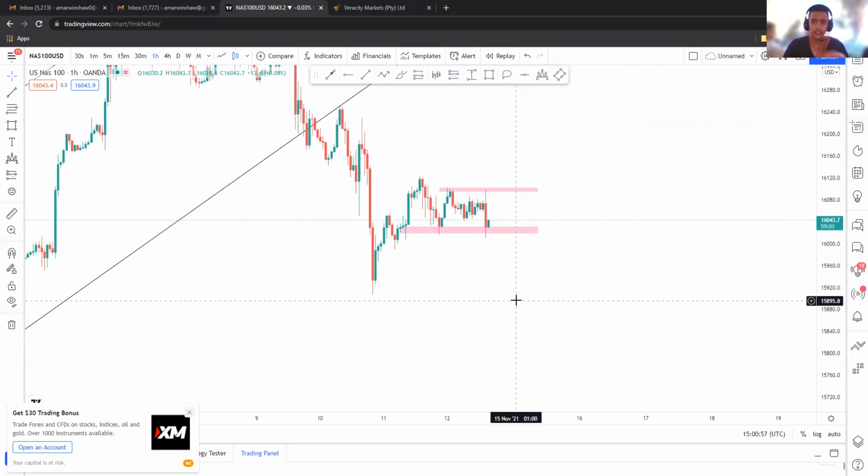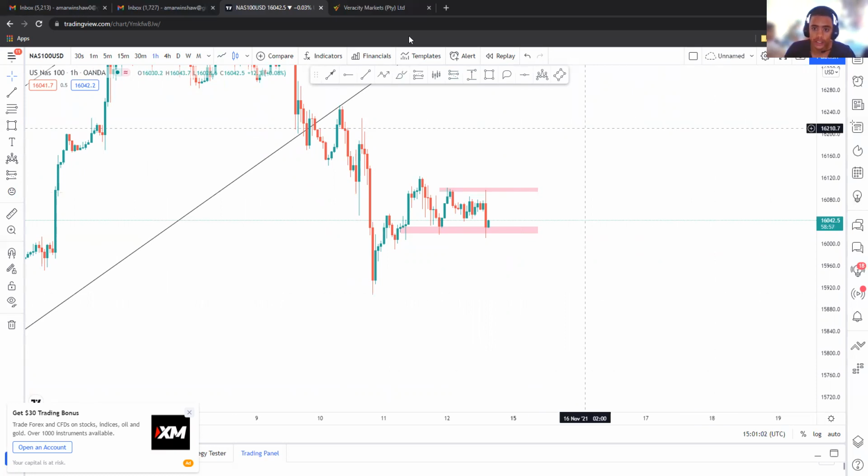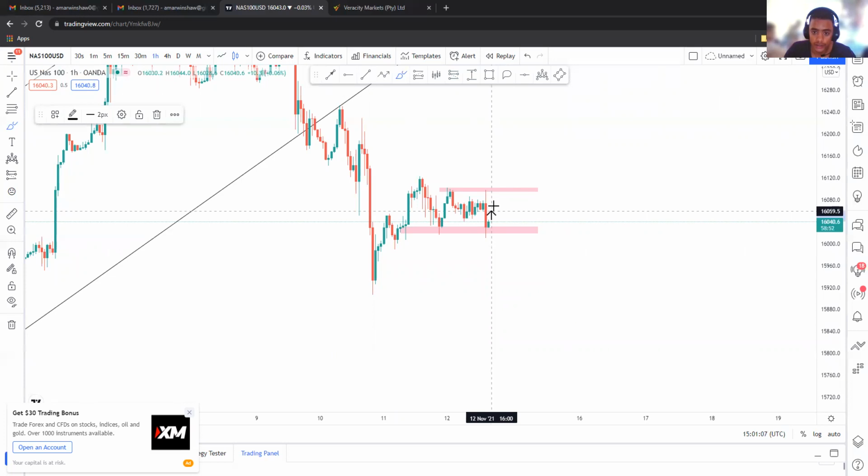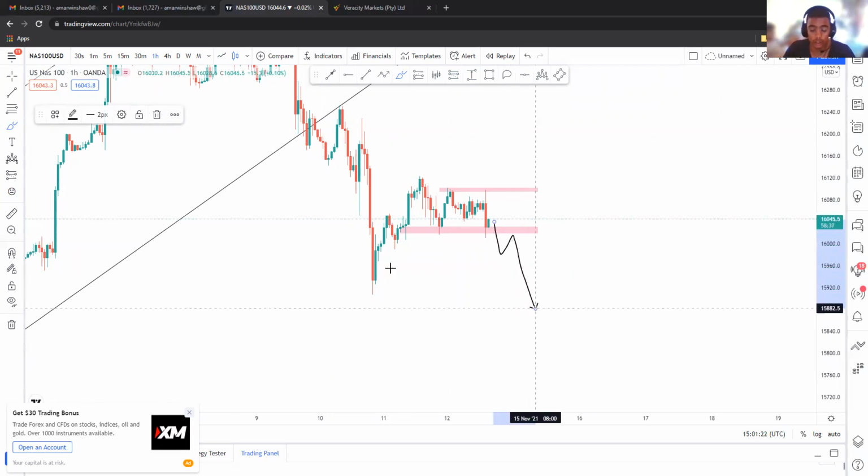But at this moment, let's see if we can see opportunities. I'm definitely bearish on Nasdaq, but I trade what I see. I don't trade what I think I see. At this moment, Nasdaq is consolidating. So I want to see if Nasdaq is going to consolidate over here a little bit more, or is Nasdaq going to break over here, retest, and then move to the upside, or is Nasdaq going to break the support, retest the support, and then go to the downside?